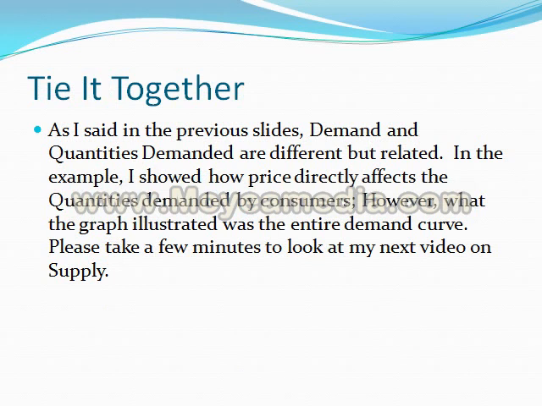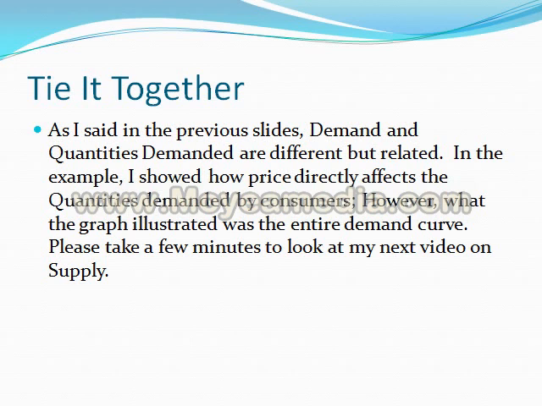Now, let's wrap it up and tie it all together. As I said in the previous slides, demand and quantities demanded are different, but very much related. In the example, I showed how price directly affects the quantities demanded by consumers. However, what the graph illustrated was the entire demand curve.